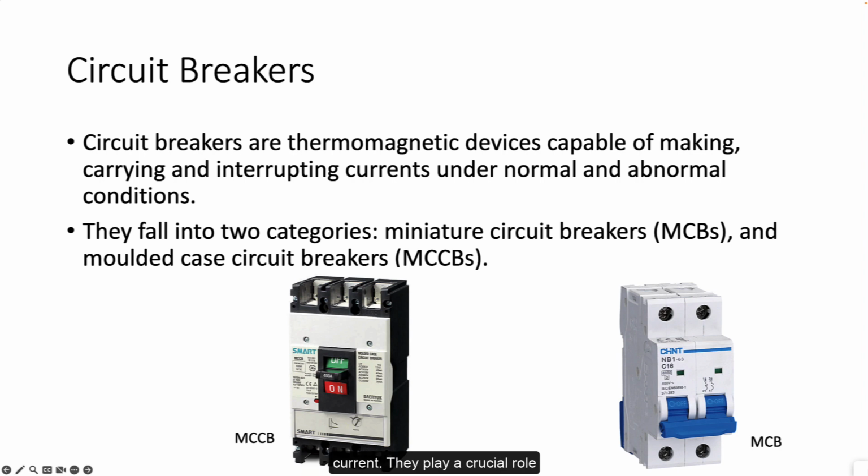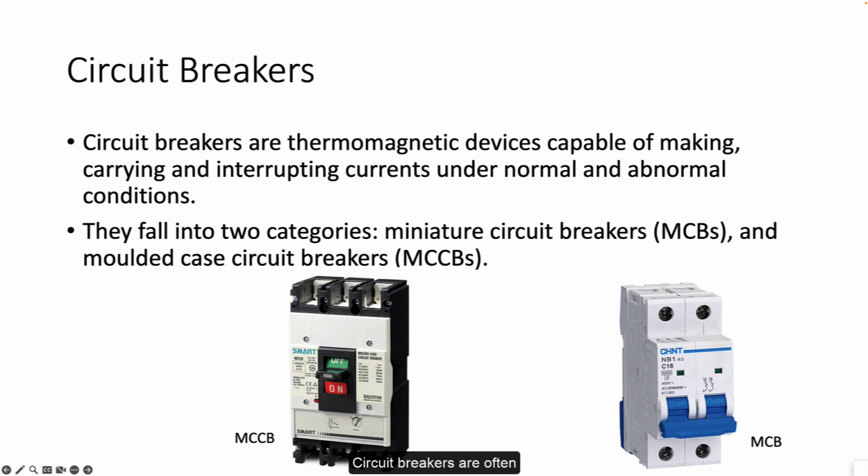They play a crucial role in ensuring the safety of electrical installations by interrupting the flow of current when it exceeds a certain threshold. This helps prevent overheating and potential fires that could result from prolonged exposure to high currents.